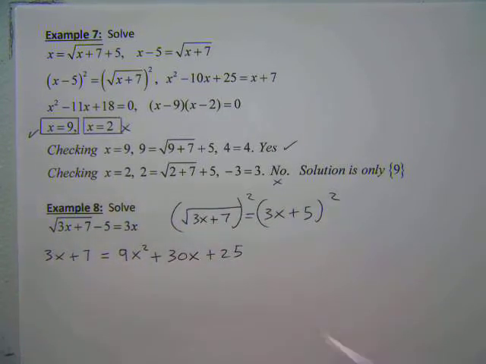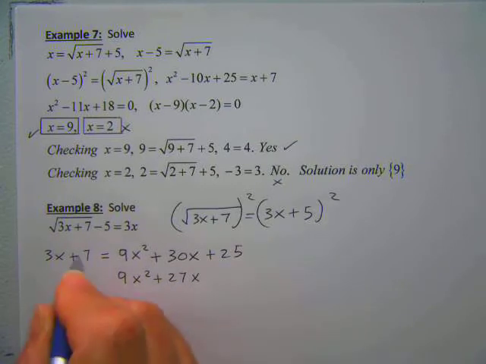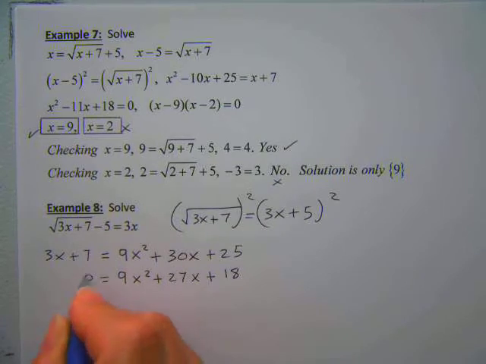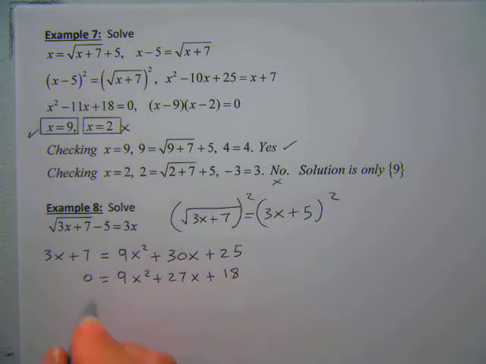Again, this is a quadratic equation. Let's move everything to the right hand side. So we're going to subtract 3, that makes it 27. Subtract 7, that makes it 18, equals 0. Oh, nice. Everything is divisible by 3. Actually, everything is divisible by 9. So let's divide by 9.